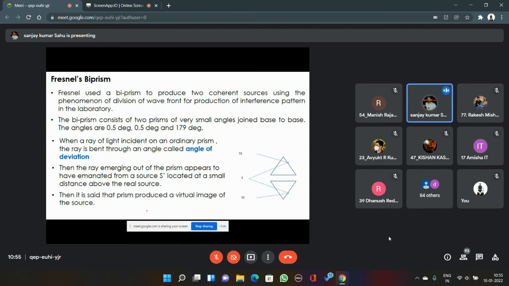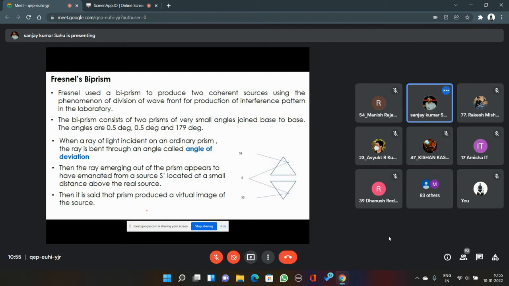In this case, we take a biprism. A biprism is nothing but an instrument or device where two prisms are joined together base to base. If you take two prisms and join them base to base, whatever structure you get is called a biprism.